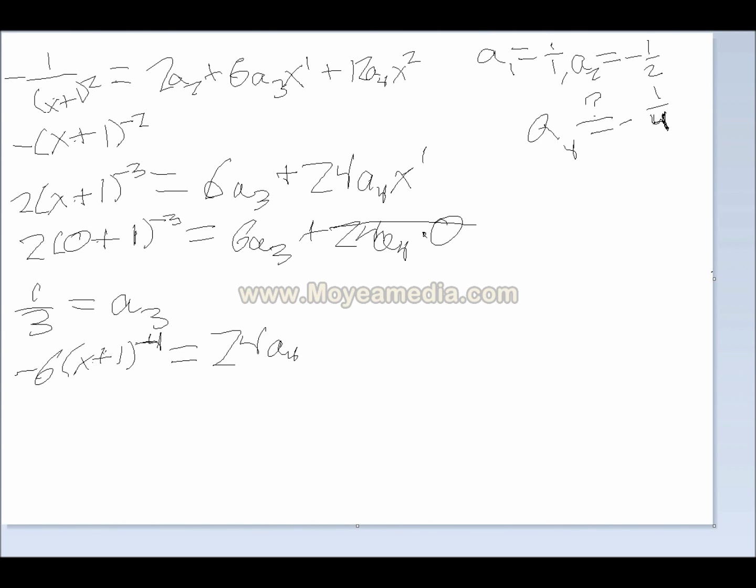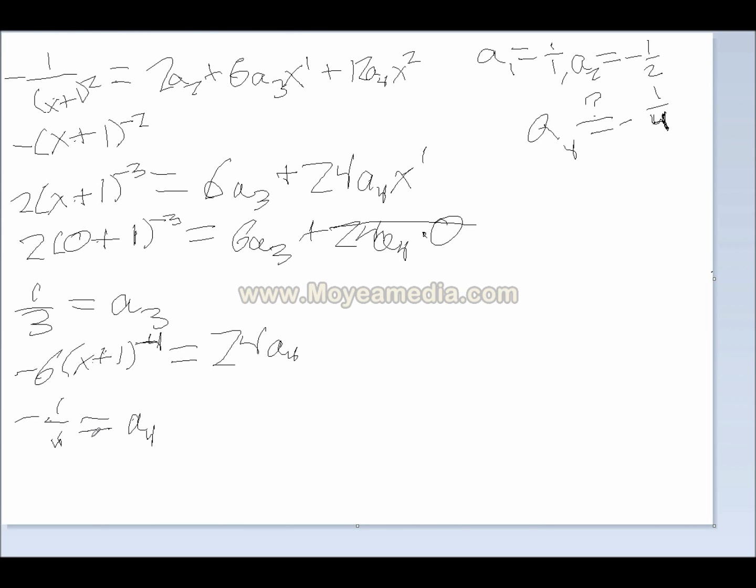Now, if we simplify this, of course, plug in a 0, 1 to the negative 4 is still just 1, so negative 6 equals 24 a sub 4. If we divide by 24, we get negative 6 over 24, which simplifies to negative 1 over 4 equals a sub 4. So, it looks like our pattern held true.